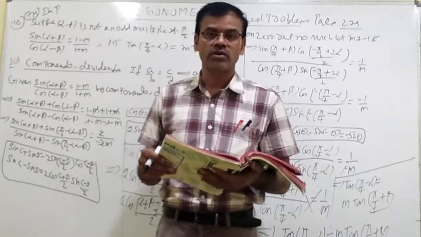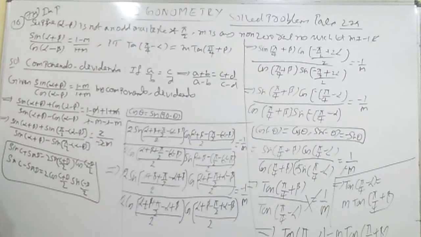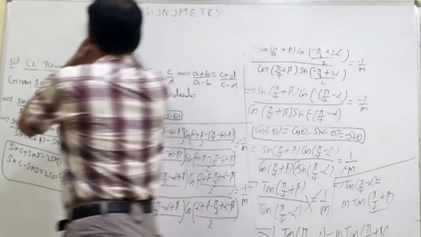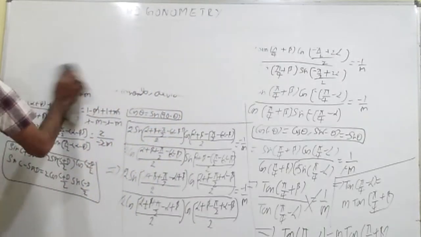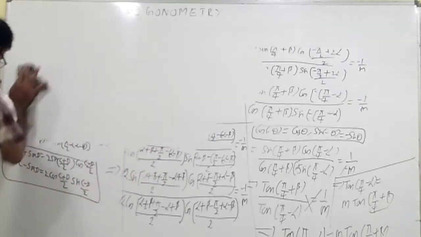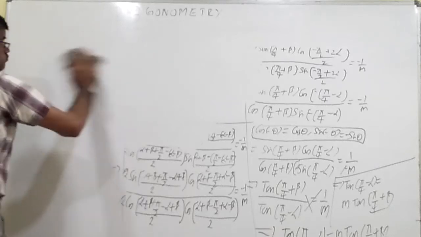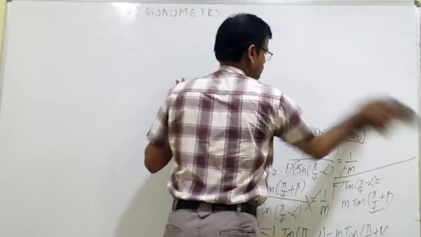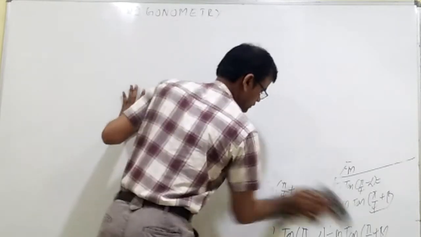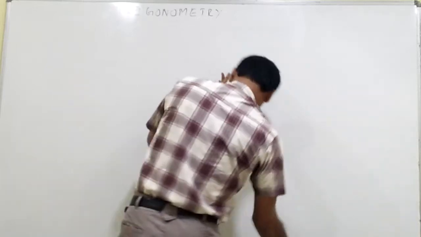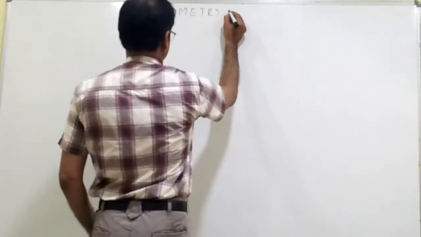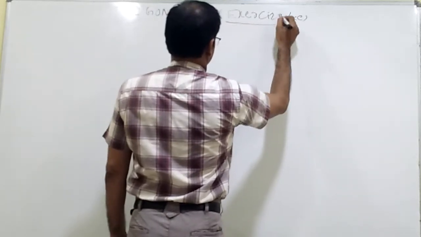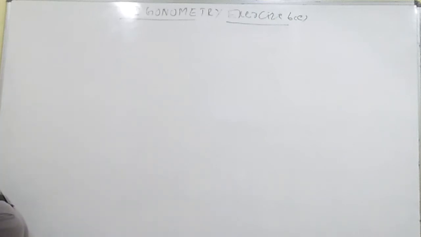Now let us discuss the Roman number 2 questions in exercise 6E.